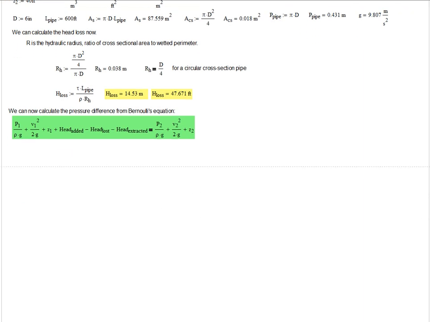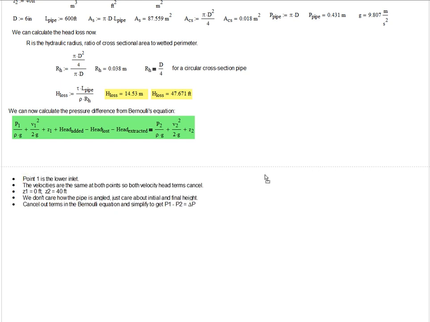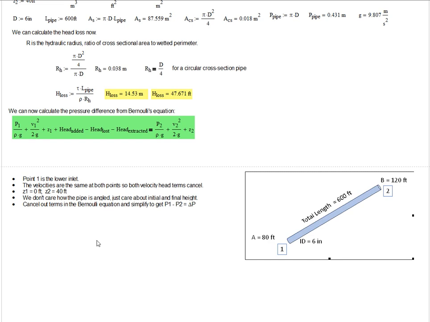All right, let's bring a schematic over here so we can figure out what's going on. Remember, our point 1 is the lower inlet. The velocities are the same because we have a pipe of constant diameter, so the velocity terms are going to cancel out. Z1 we're setting equal to 0, so Z2 is going to be 40.